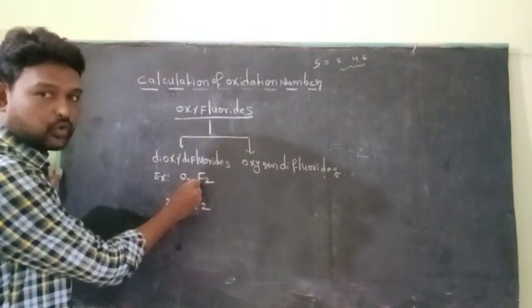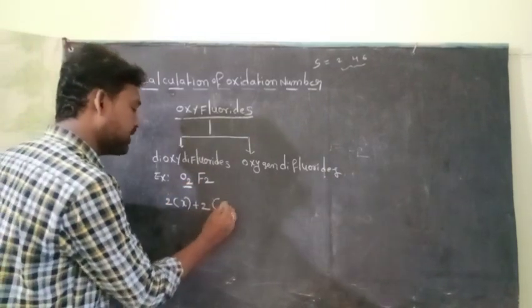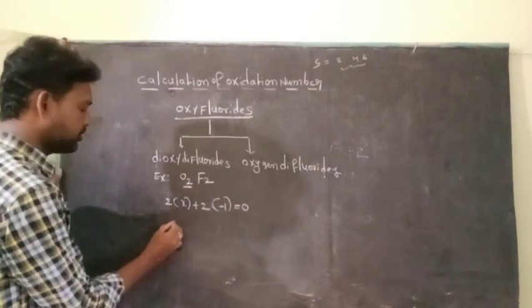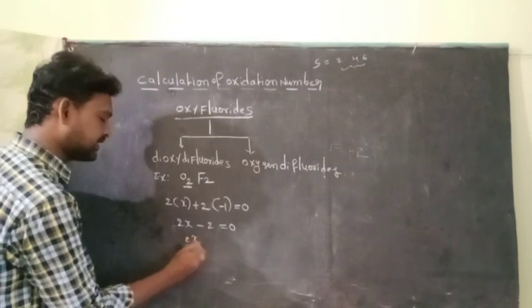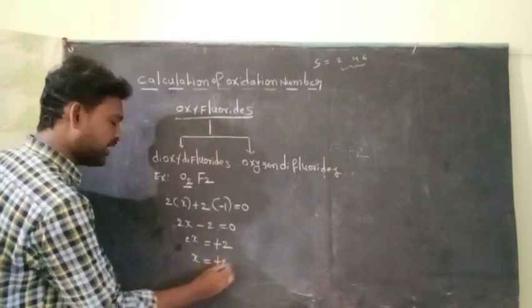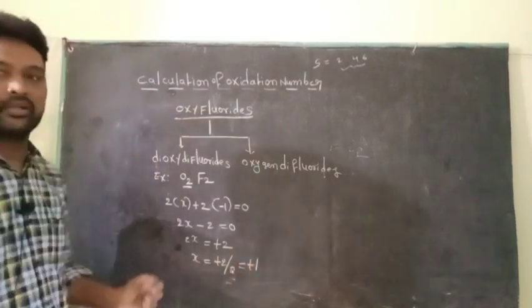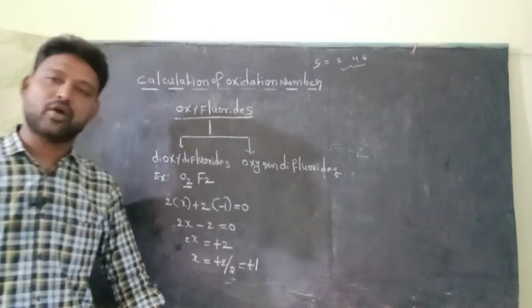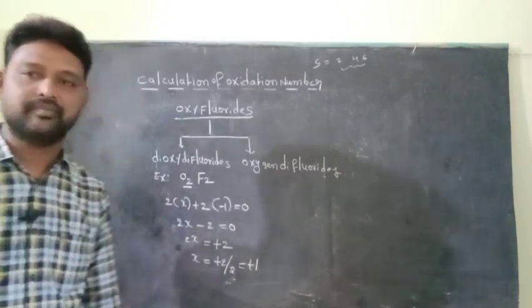Fluorine is a 7th group element, that's why its oxidation number is -1. So 2 into -1 equals 0. So 2x minus 2 equals 0, 2x equals +2, x is equal to +2/2, that is equal to +1. In dioxydifluorides, the oxygen atom exists in the +1 oxidation state.